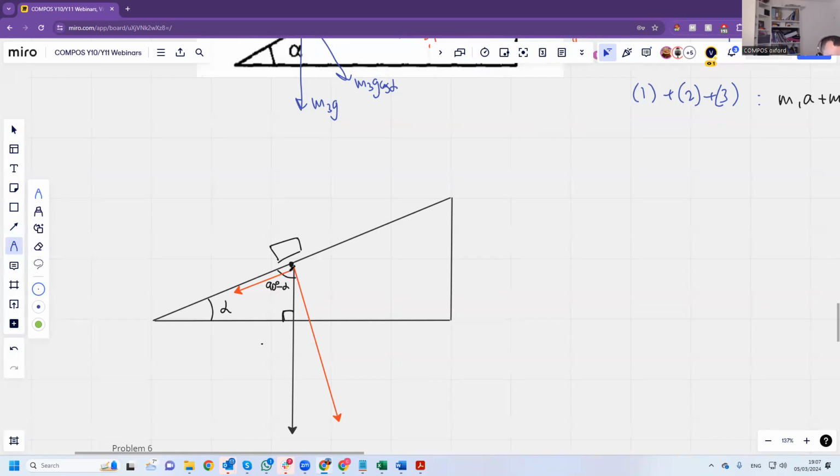But we know the angle between these is certainly 90 degrees. So this angle is going to be 90 minus 90 minus alpha, which funnily enough is alpha.